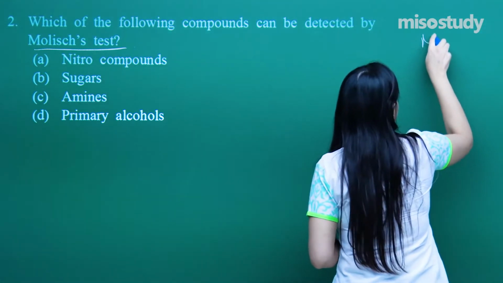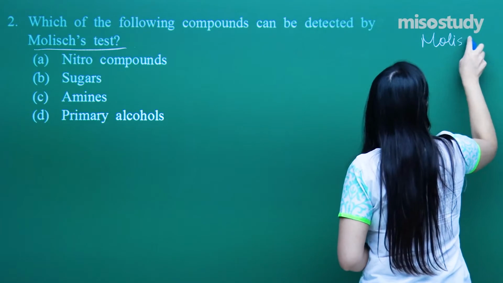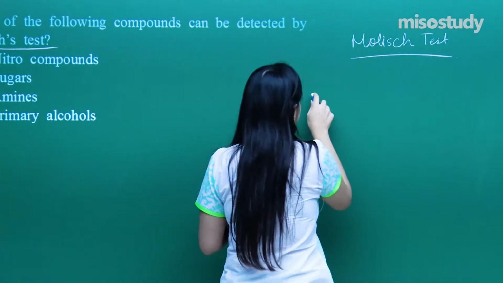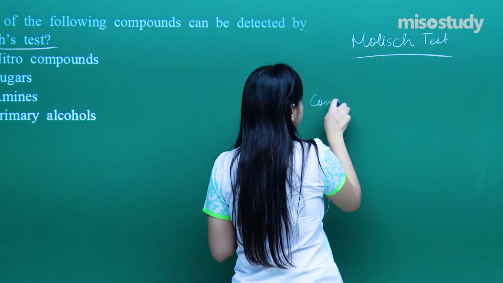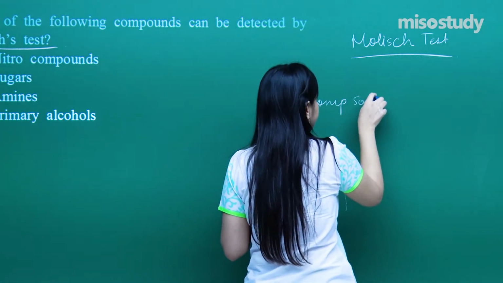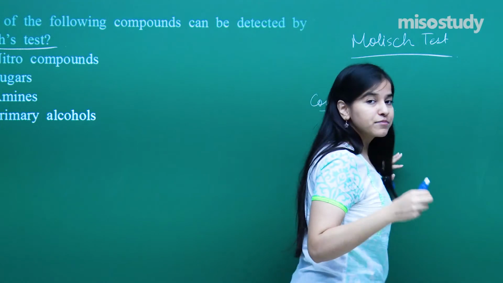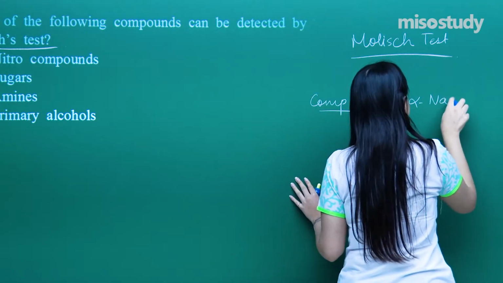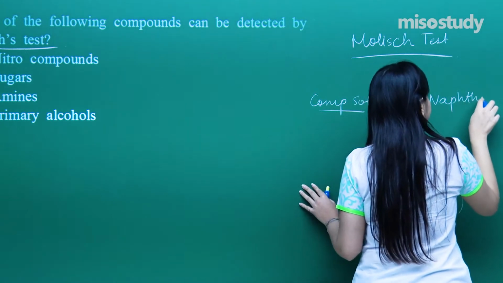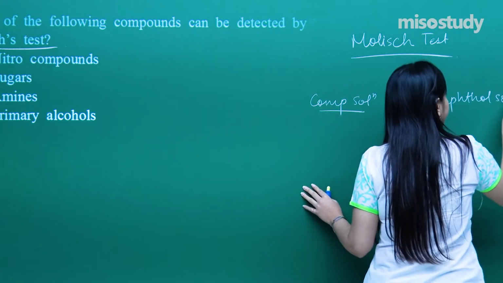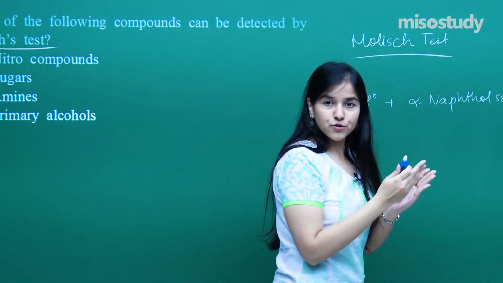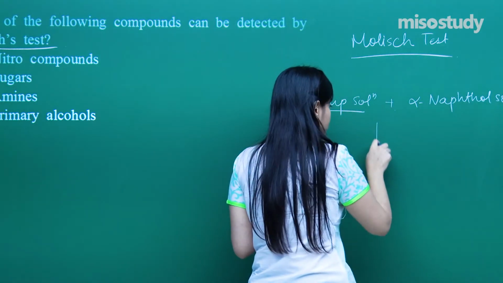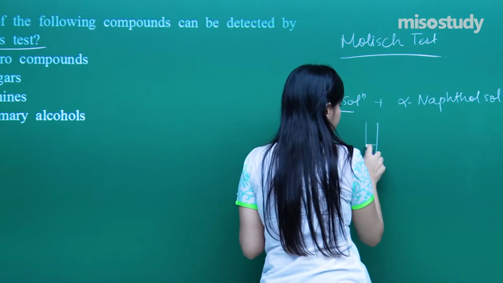Now, what is the Molisch test? First, I take up the compound solution plus I add the alpha naphthol solution. I mix the two in a test tube.